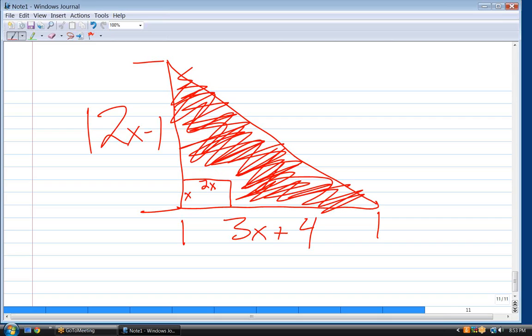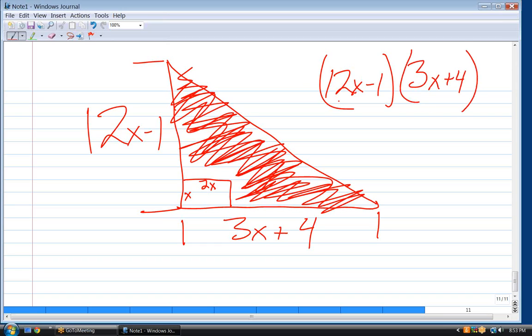Okay, so you have to take 12x minus 1, right, times 3x plus 4, and we have to find half of that. So we take A equals half, right? Okay, so we're going to distribute the half to the 12x. Hold on.